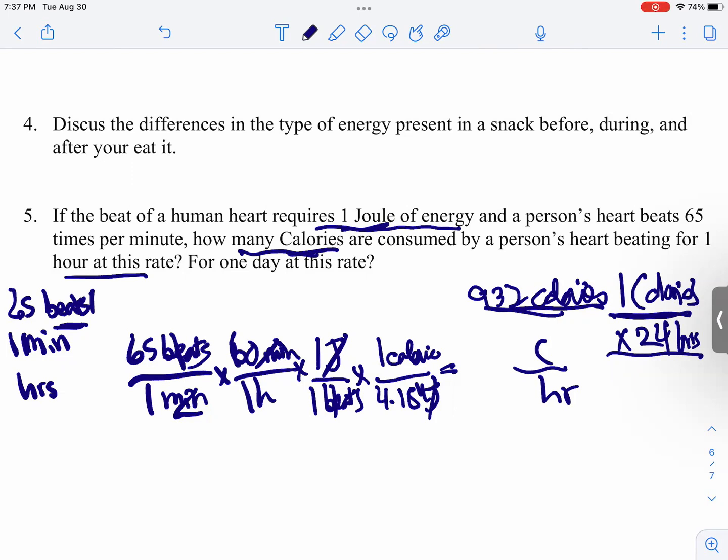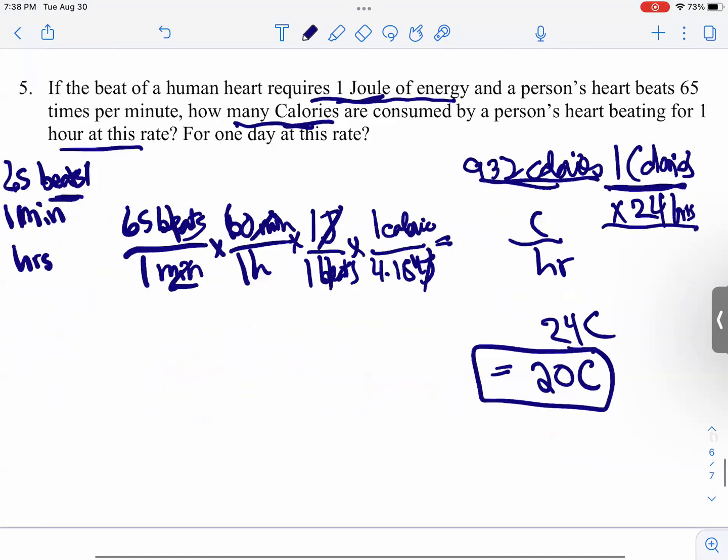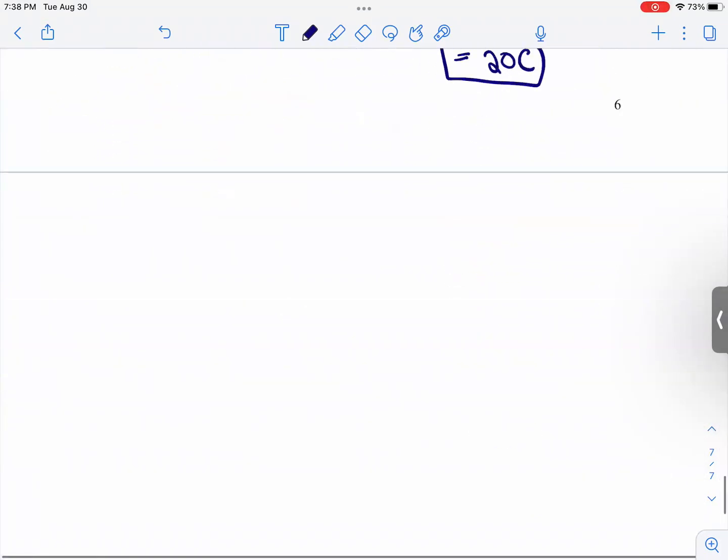So then basically you're going to have 24 calories, or because we're doing one significant figure, it's going to be 20 calories. So that's how you do that. That's kind of a trickier one, a harder one.